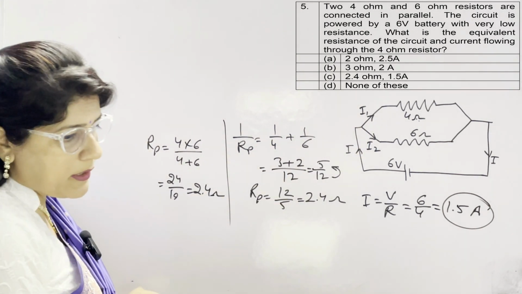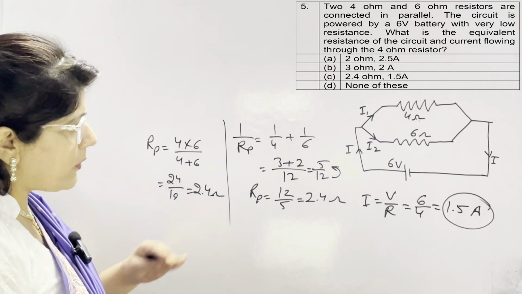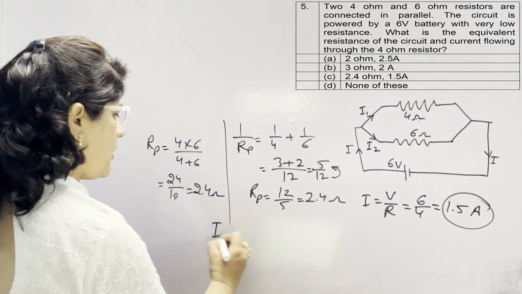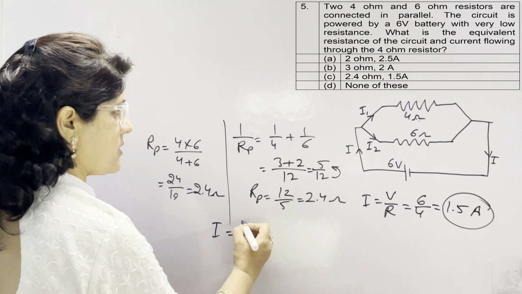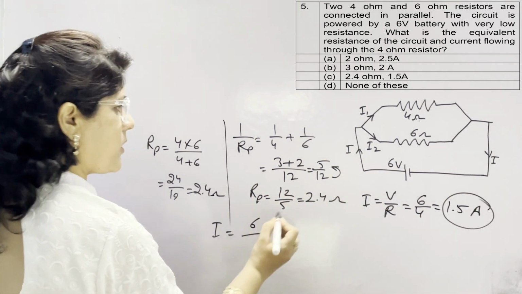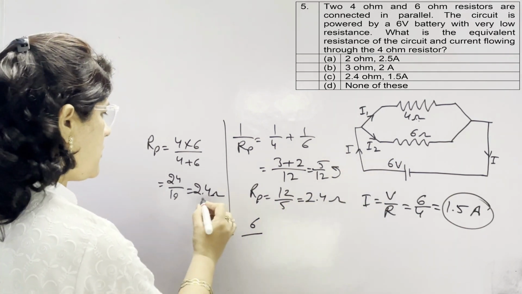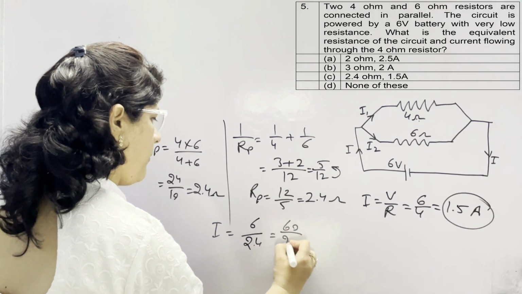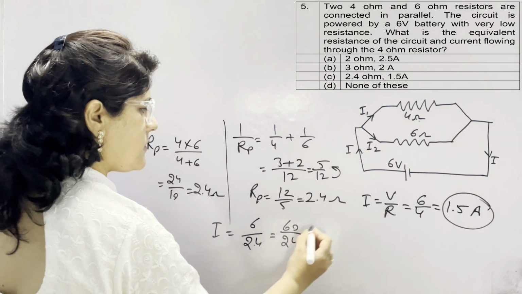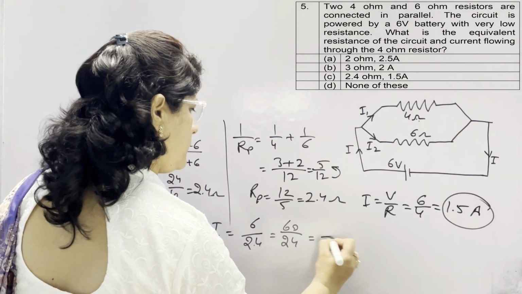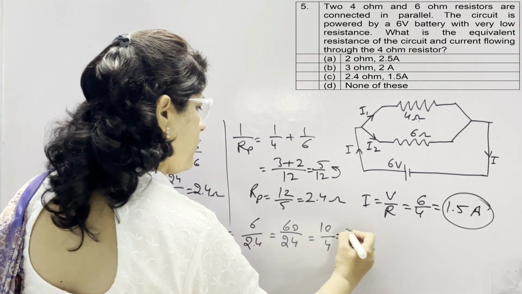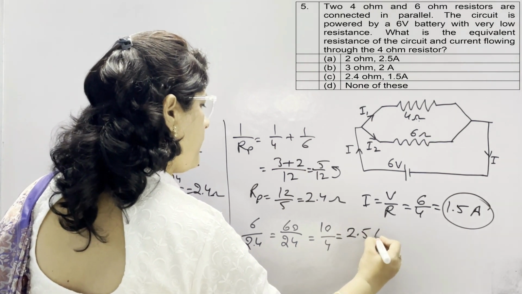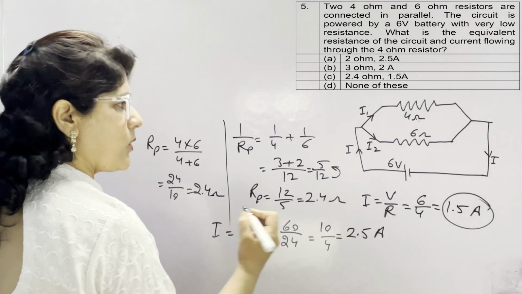Another method is we can calculate the overall current of the circuit. I is equal to V upon total resistance. Total V is 6 and total resistance we have calculated in this circuit is 2.4. So 60 upon 24. It means 10 upon 4. It means 2.5 ampere is the current in the total circuit.